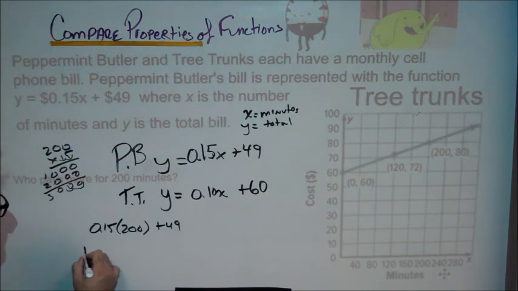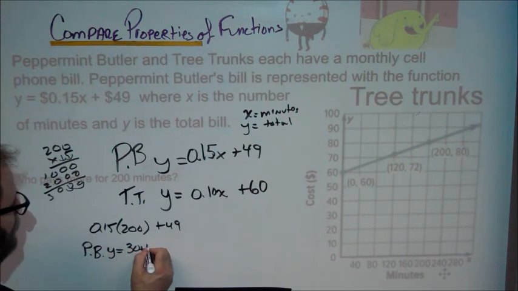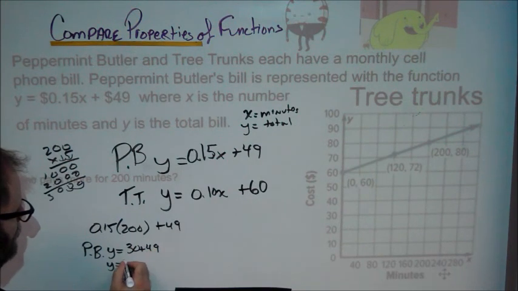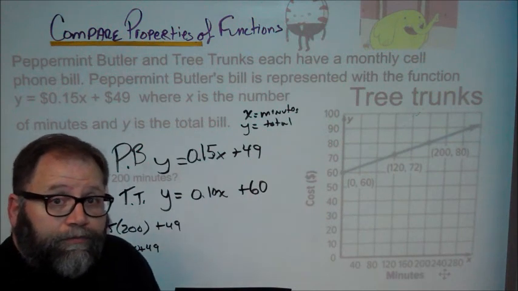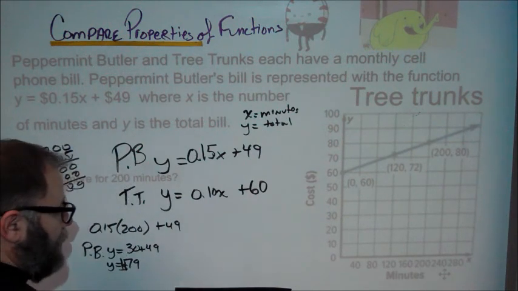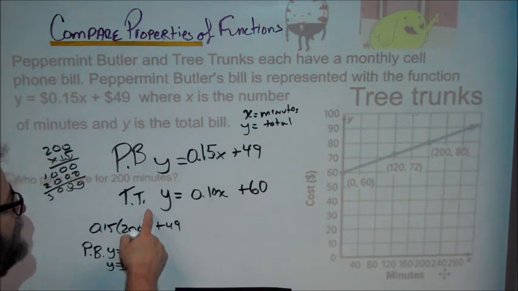So Peppermint Butler is spending y equals 30 plus 49, y equals 79 bucks. Peppermint Butler is forking over $79 for 200 minutes. Let's look at tree trunks now.